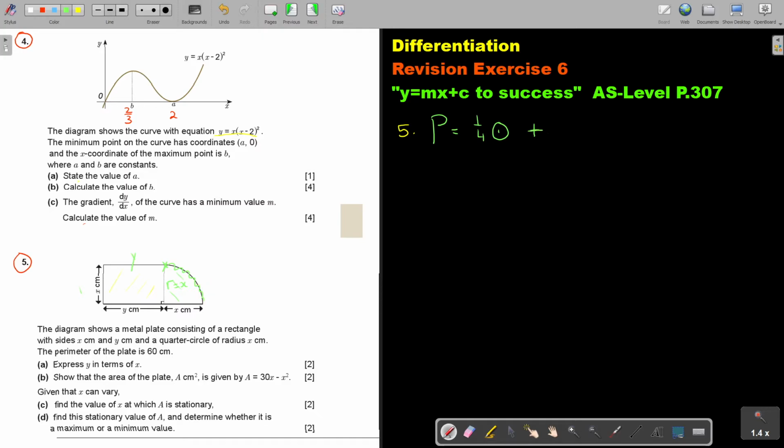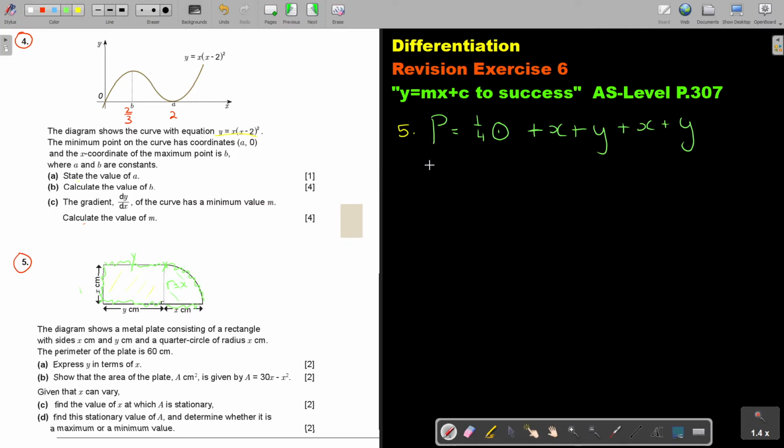Then I'm going to take the x, then the y, going the distance around, and then another x, and then another y.